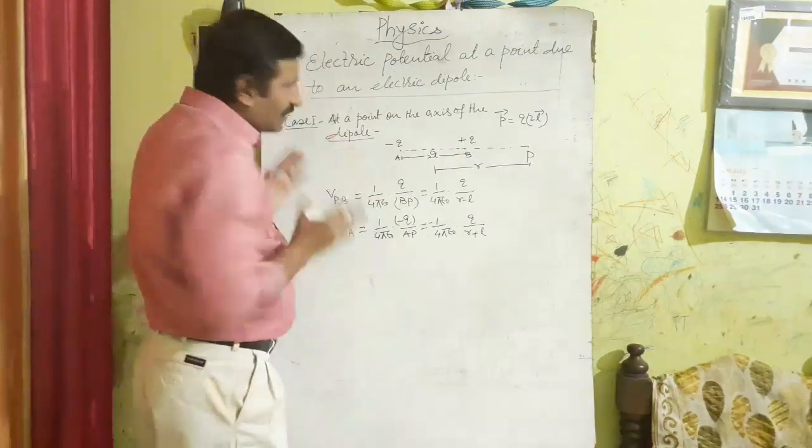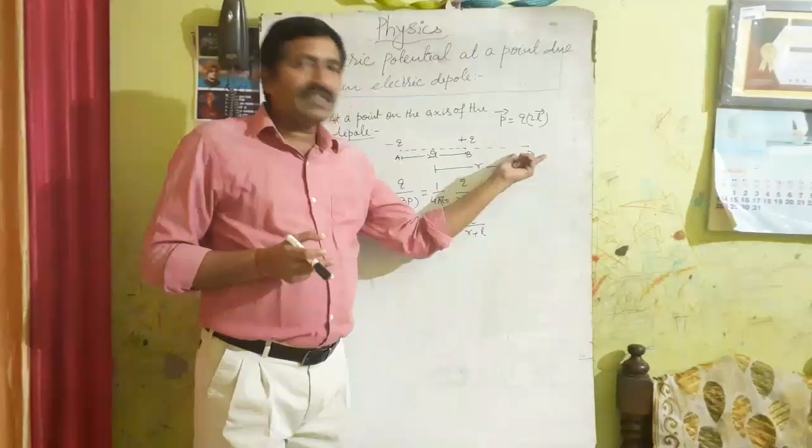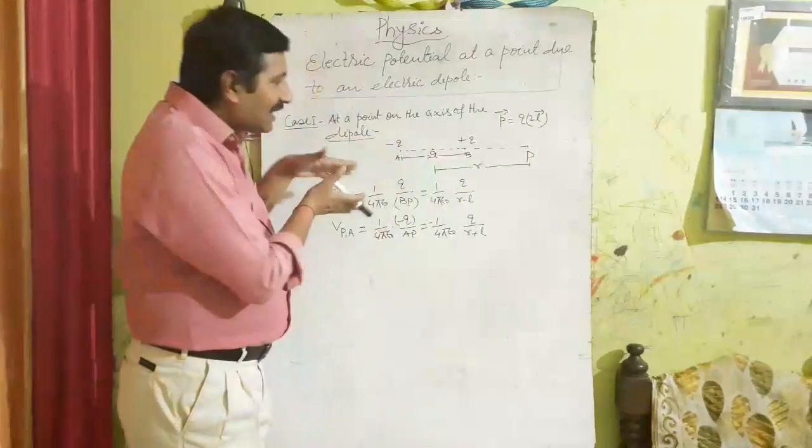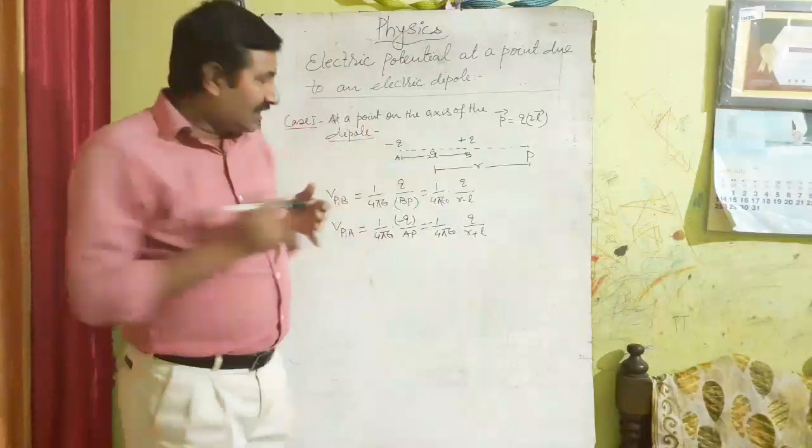Now as it is a scalar quantity, the net potential at P can be obtained by adding them simply algebraically.